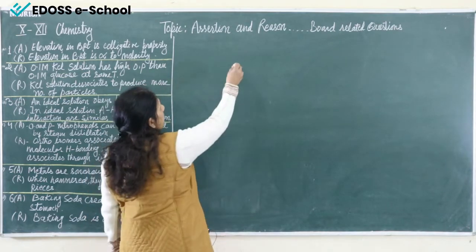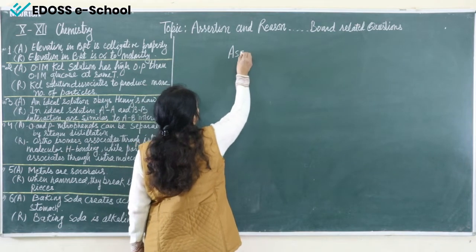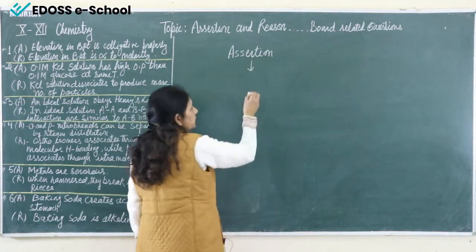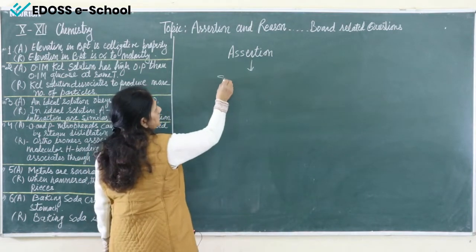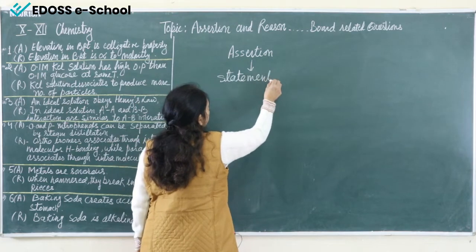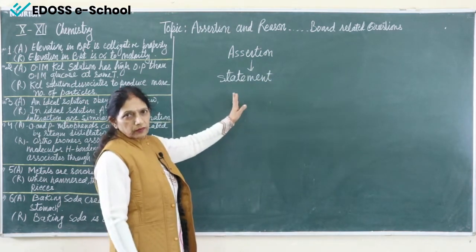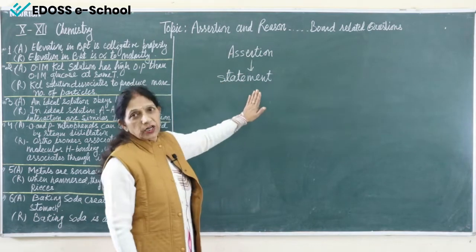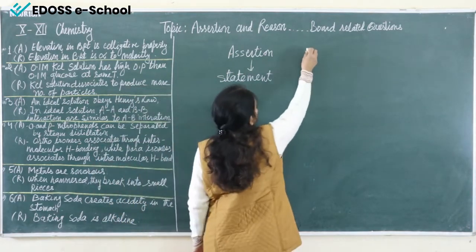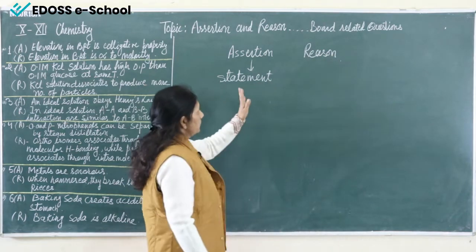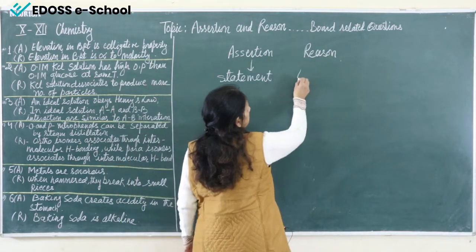So see here, actually what is assertion? Assertion means this is a statement, a fact we can say about something. So assertion means a statement, and reason means explanation.